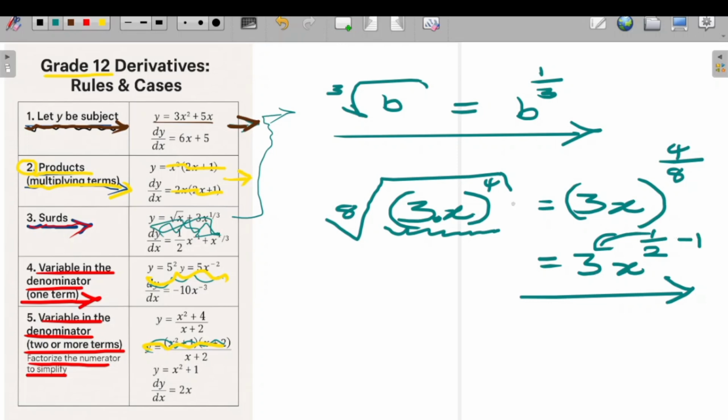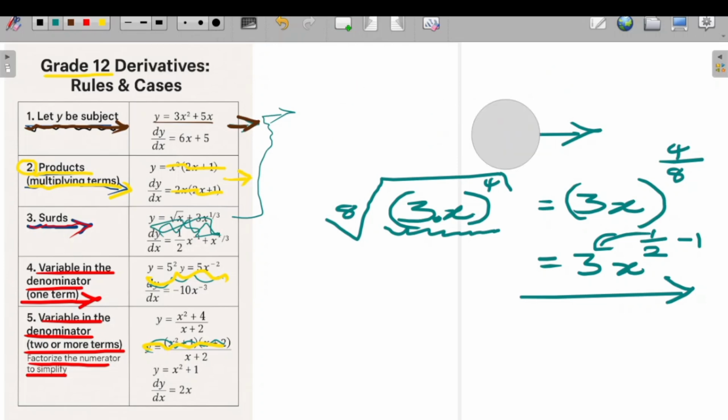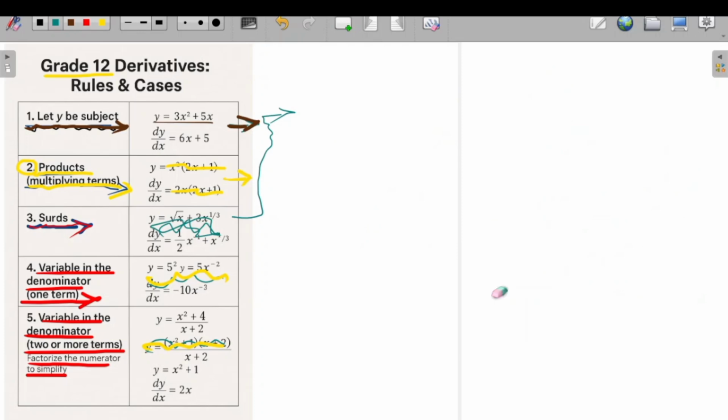Alright, so here's an example that I have for you. I hope you understand this. If you understood that, I'm going to write the example over here that I'm going to do with you. What you can do is pause the video and try to solve it without me doing it.